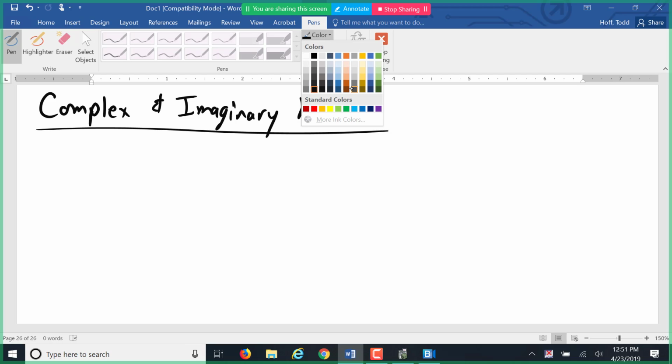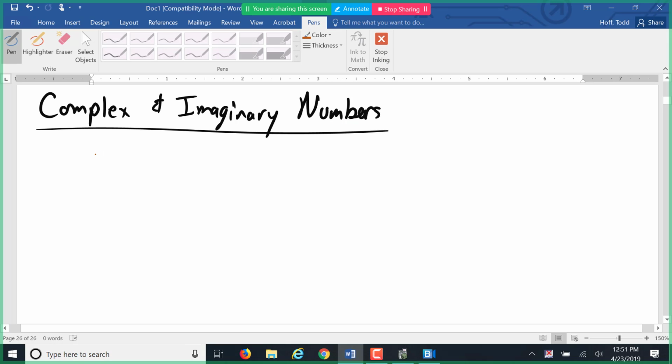Probably one of the first that we saw was we may have been told you can't divide 2 by 5. It doesn't work. Well, later on we learned fractions and realized, yeah, you can. That's 2/5. Or decimals, 0.4.